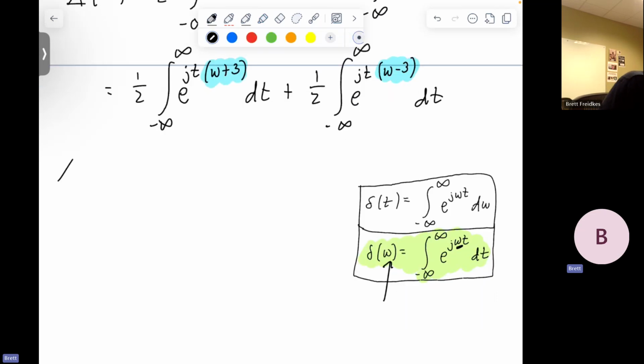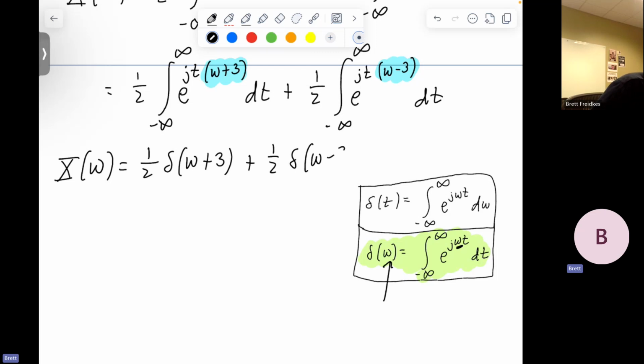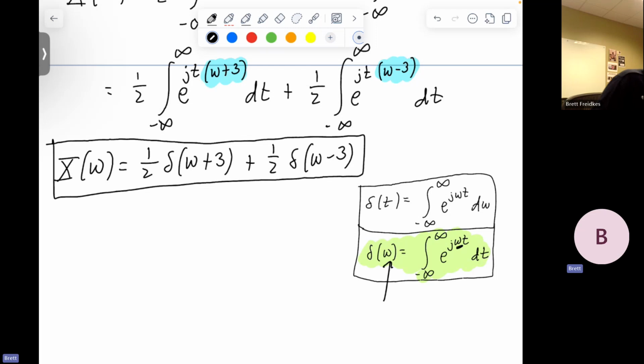So this ends up being 1/2 delta of omega plus 3 plus 1/2 delta of omega minus 3. This is our Fourier transform of cosine.